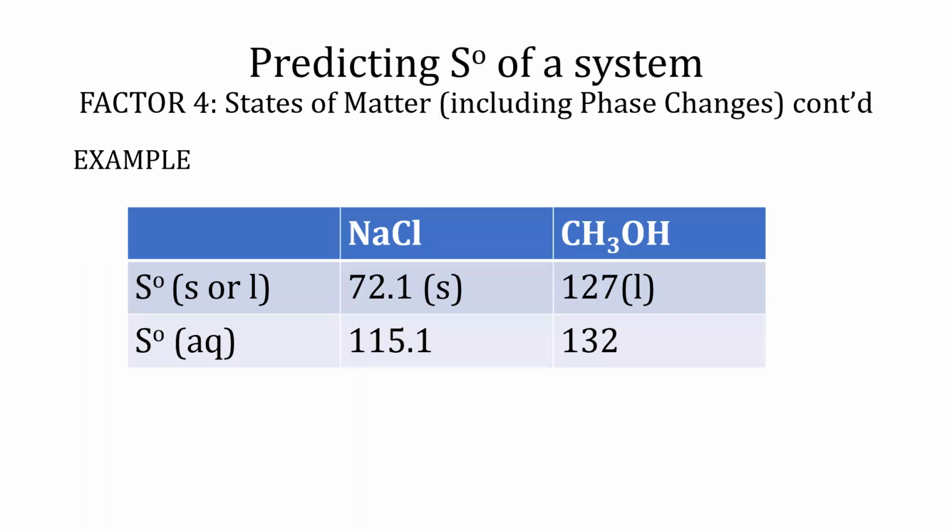Here is an example of NaCl or sodium chloride and CH3OH or methanol. There is a larger difference in entropy from solid NaCl to aqueous NaCl because in solution there are two ions present in water, increasing the entropy of the system. In comparison, methanol is a molecular compound that, when dispersed in water, still remains as one unit, and thus there is a minimal change in entropy when going from liquid to aqueous solution.